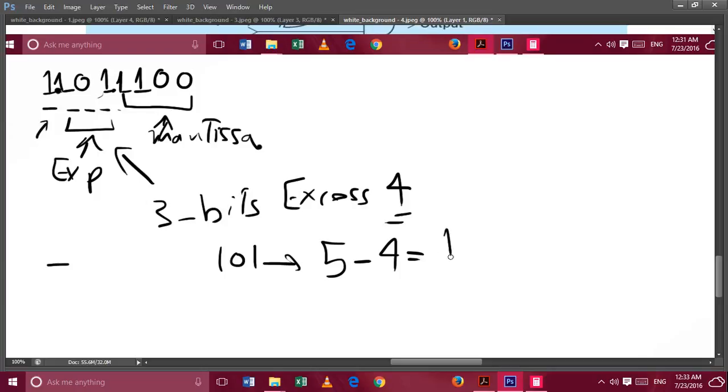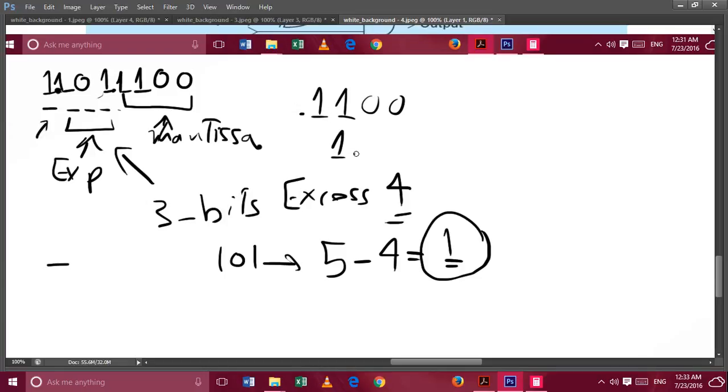So that would be 1. That is step number 2. Because this number means 1, we are going to move the radix point of the mantissa, which is right here, 1 point to the right.